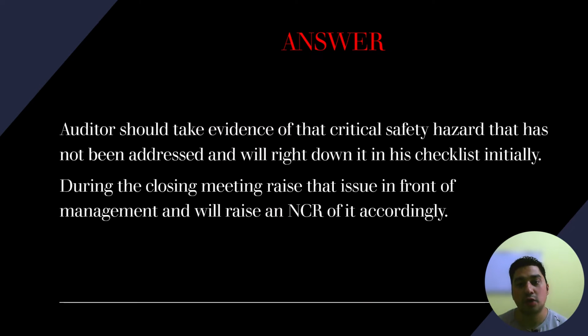This is the way you have to solve that scenario. First, note down what the non-conformance is, what the issue is. Then that issue should be communicated to the management during the closing meeting, and you raise it as an NCR.